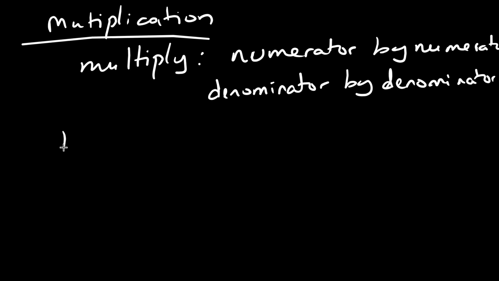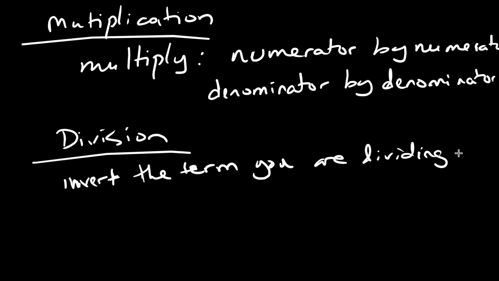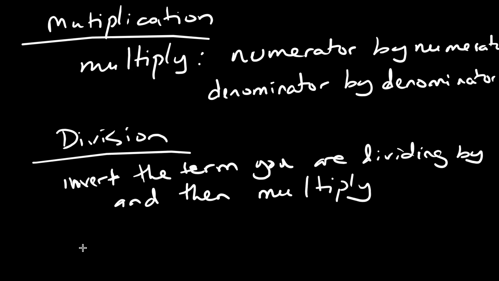That's it. For division, invert the term you are dividing by and then multiply. All right. So really basic in terms of the process. You've done this a number of times before. This is not new to you. Just to give you an example of those last two scenarios.